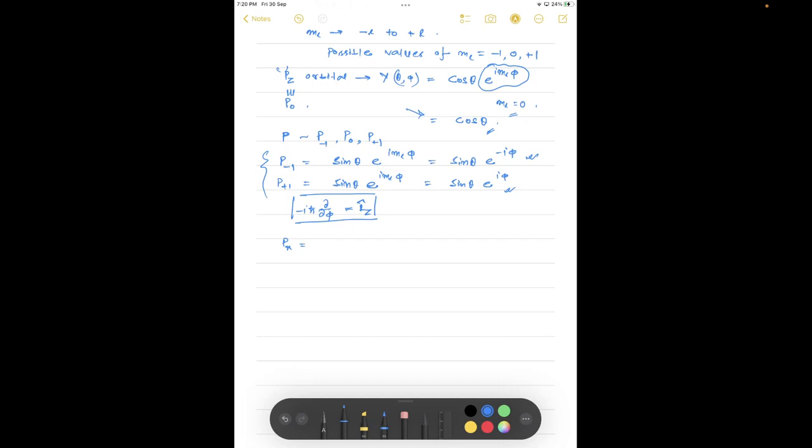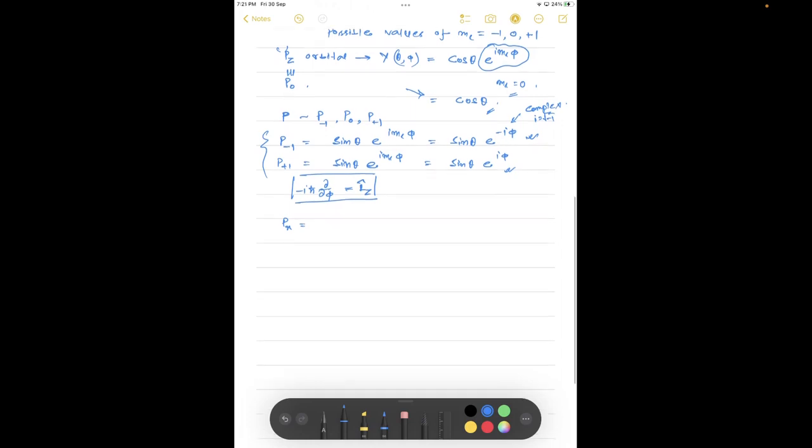But the p minus 1 and p plus 1 orbitals have a complex part. This i is a complex quantity, that means i equals root of minus 1. So you cannot plot this complex wave function on paper or in three-dimensional software.